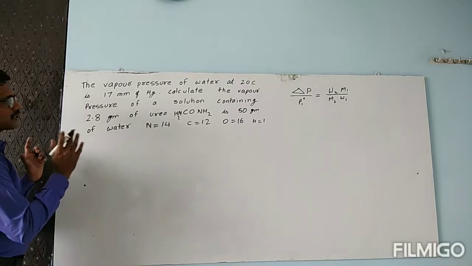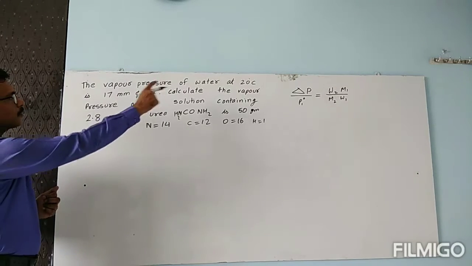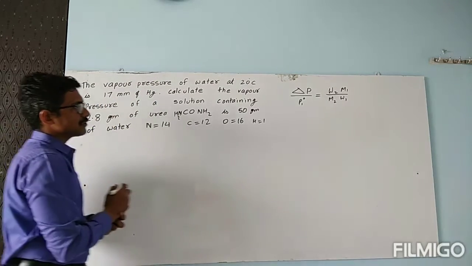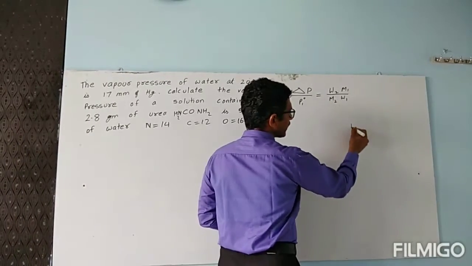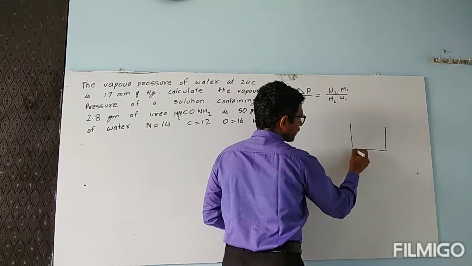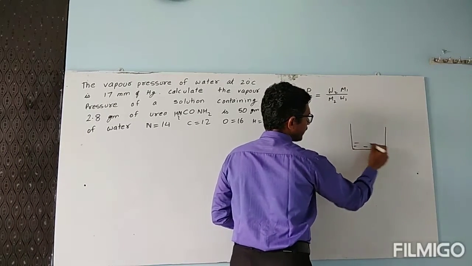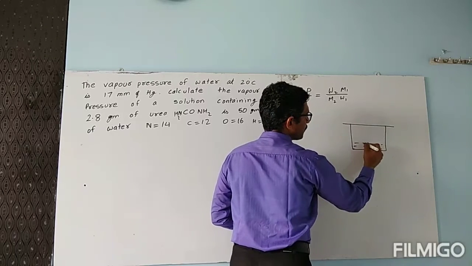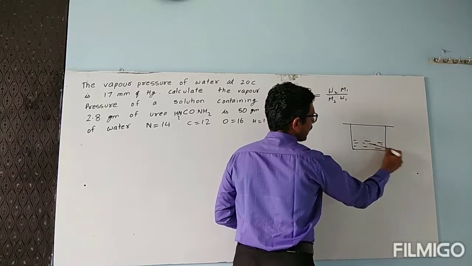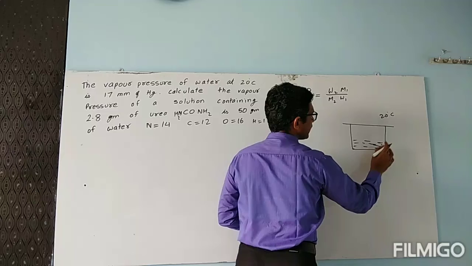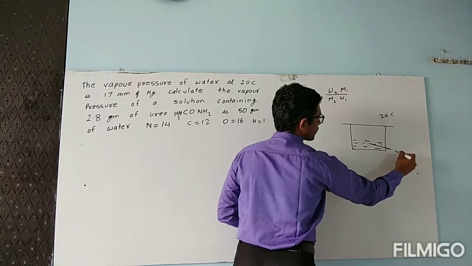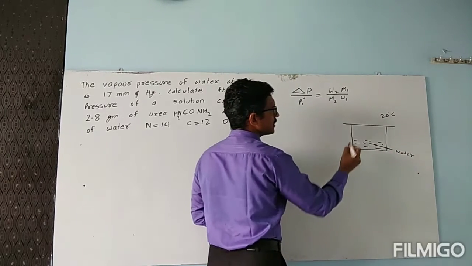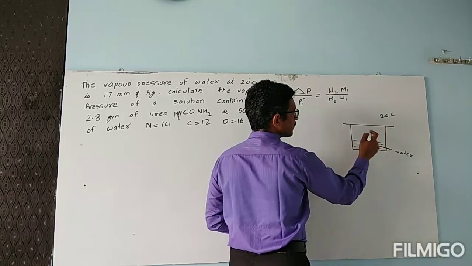The vapor pressure of water at 20 degrees is this much. They have taken pure water, and the vapor pressure of the pure water at 20 degrees centigrade. This is water, only water, so this is what? Pure solvent.